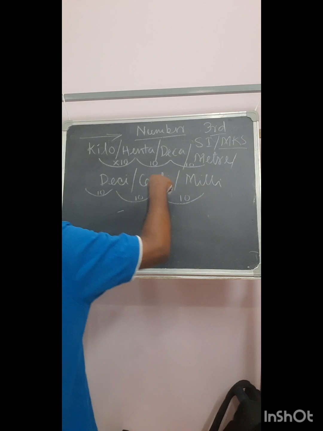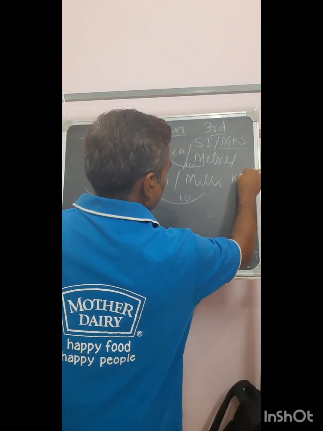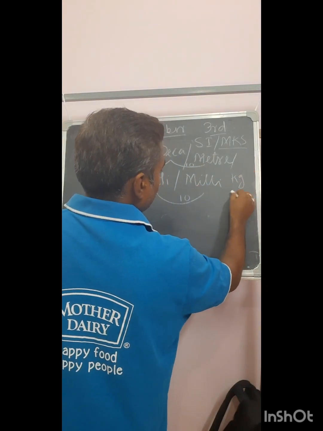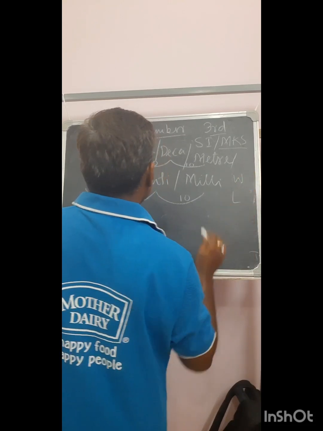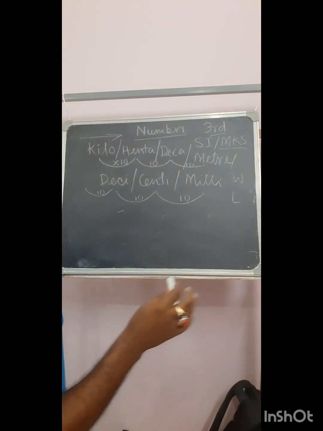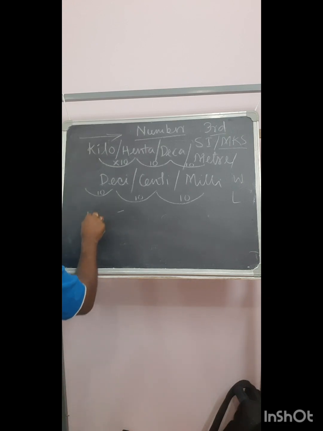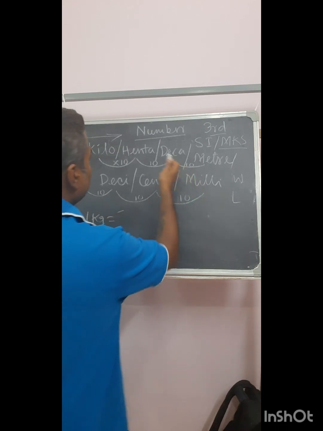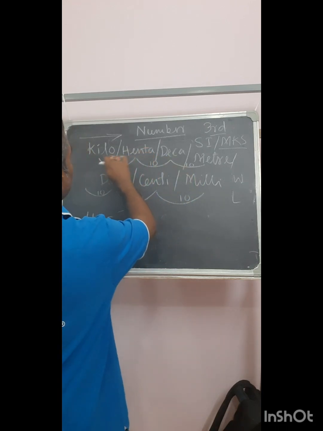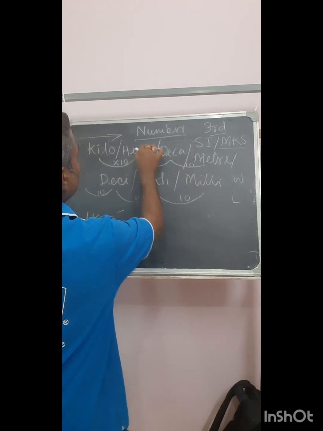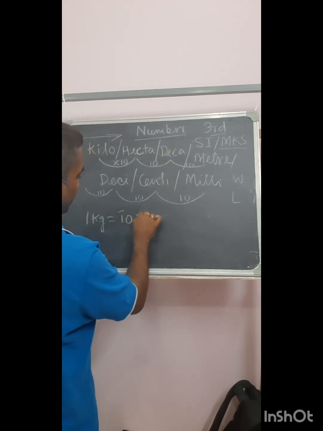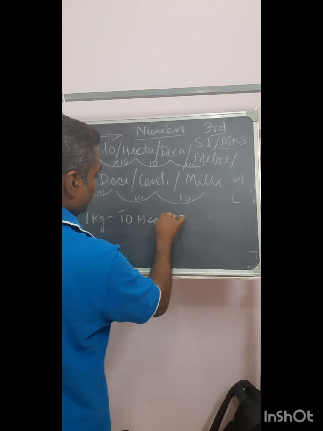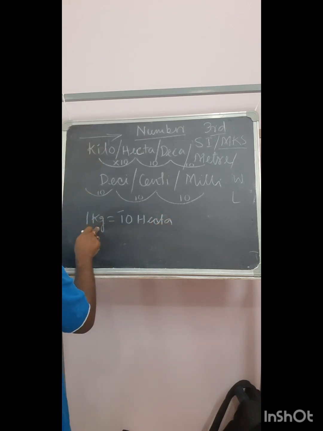So this is applicable for conversion of weight, kg, or length. So if I say 1 kg is equal to how many hectare? So 10 hectare. So 1 kg means 1 kilogram.